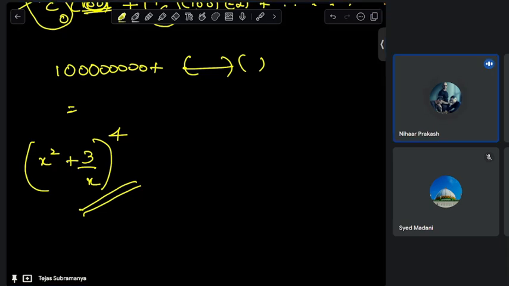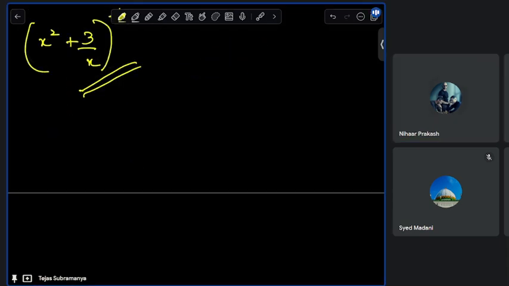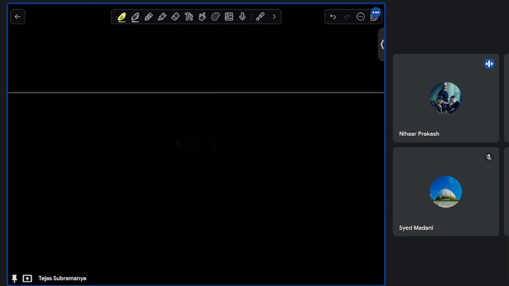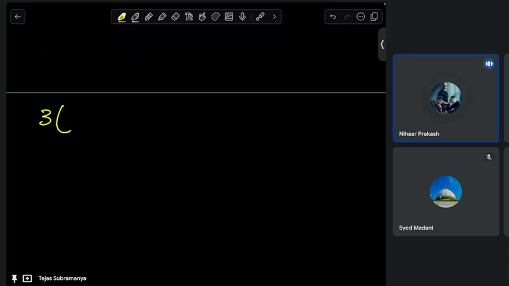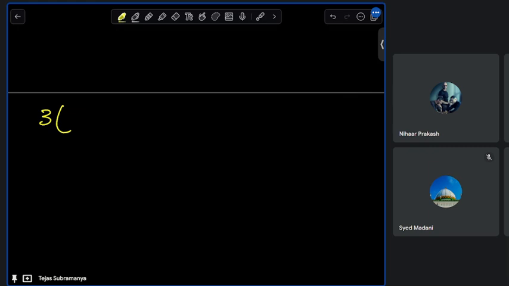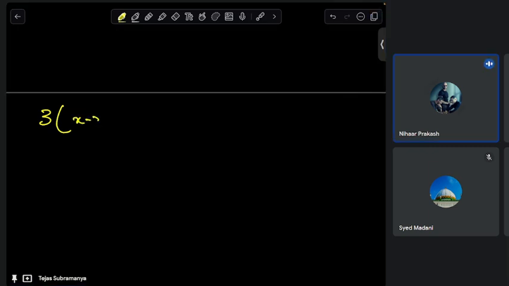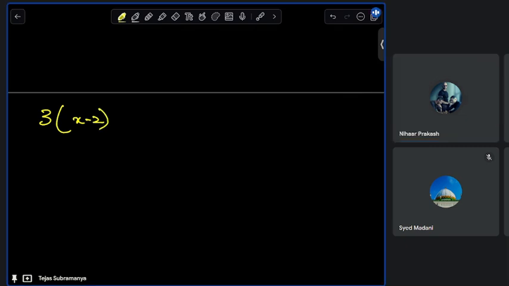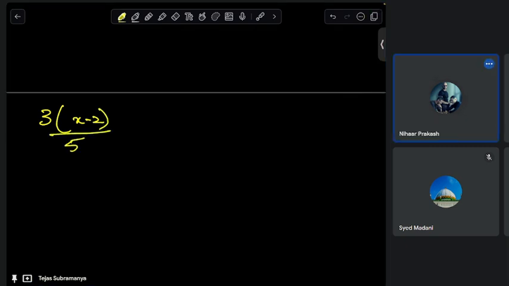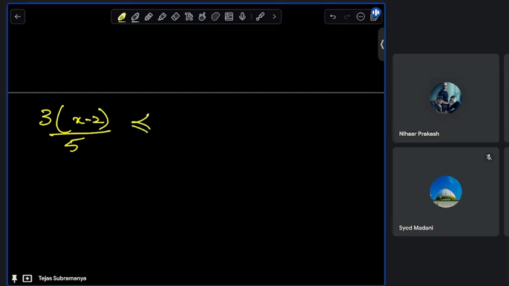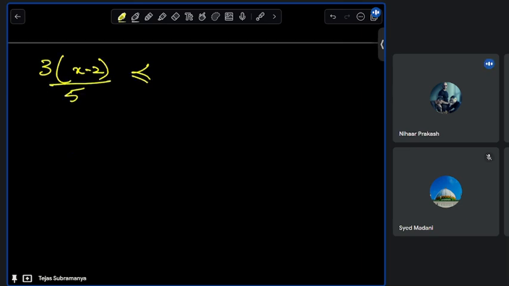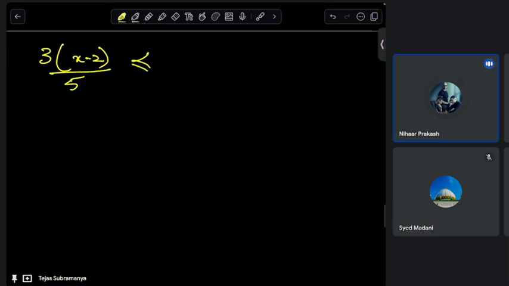3 bracket x minus 2, whole thing by 5. Whole thing by 5, greater than or equal to, no, lesser than or equal to, 5 bracket 2 minus x, whole by 3.